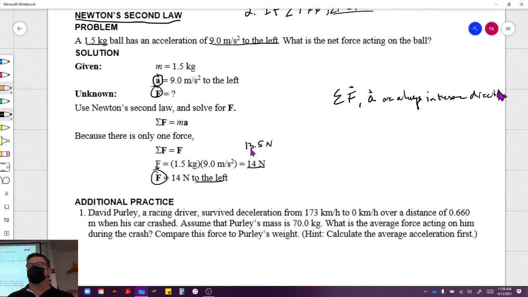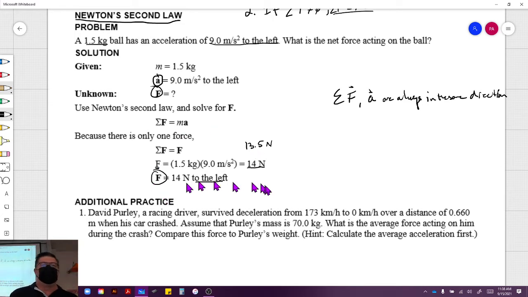I apologize for my messy handwriting. I have a very sensitive stylus that doesn't always recognize when it's not touching something. So the sum of our forces and our acceleration are always in the same direction, which kind of makes sense: if we have a net force, we will accelerate. Therefore, they have to be going in the same direction.